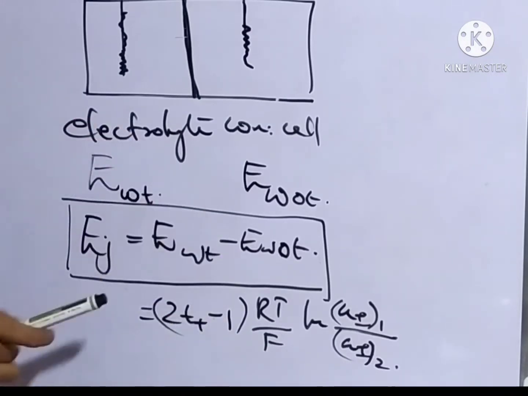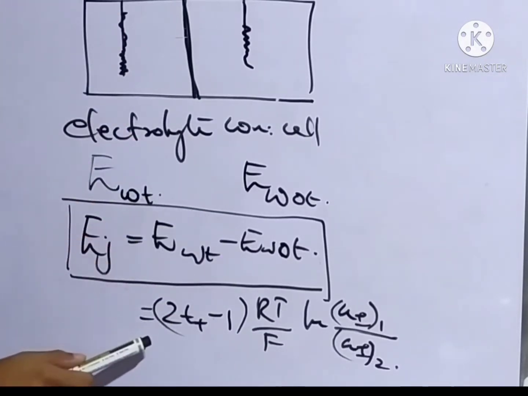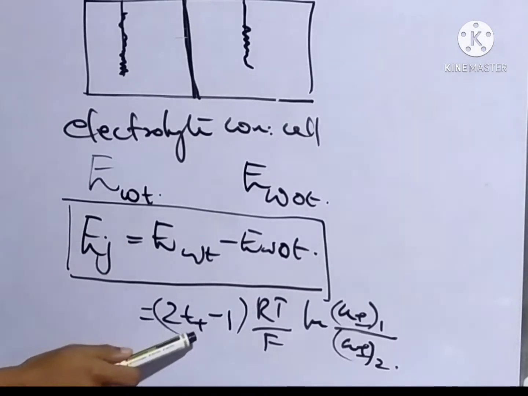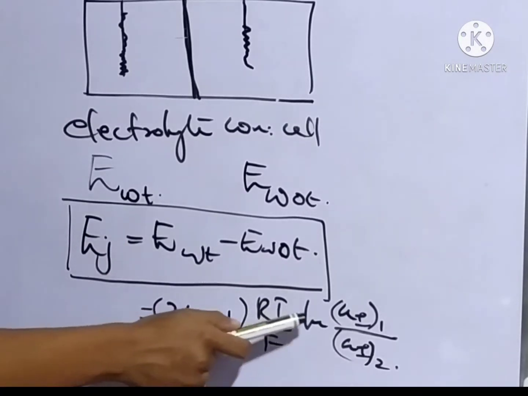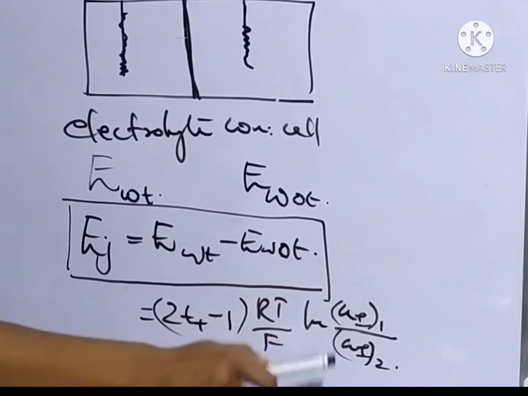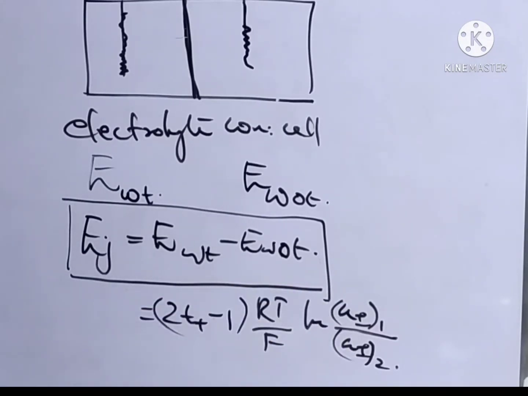So from this equation it is clear that liquid junction potential depends on the transference number of the cations and anions, and it depends on the activity of the electrolytes.